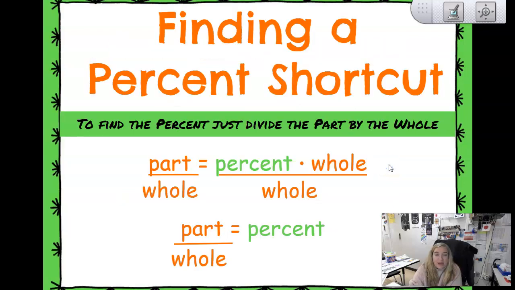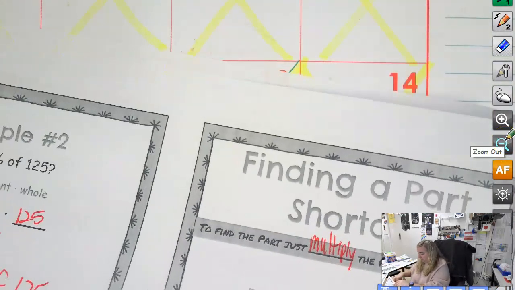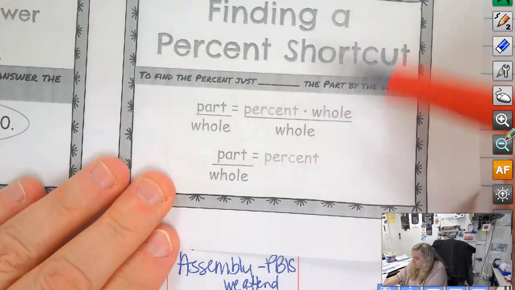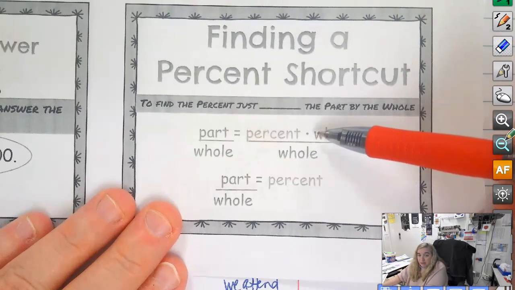So if I was to summarize how to find a percent shortcut, I would say that to do this, you need to find the percent simply by just dividing the part by the whole. Because every single time here, I'm going to switch it to my dot camera, that we were going through and we were solving this, if you notice that we just kept taking the whole and dividing both sides by it.